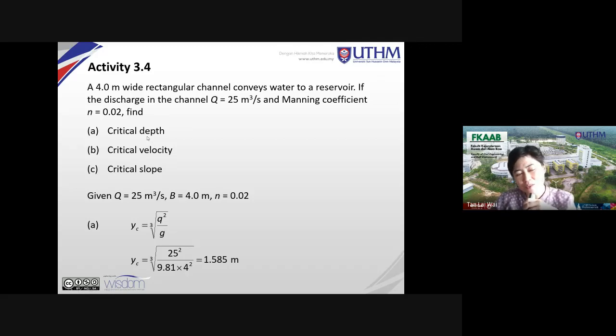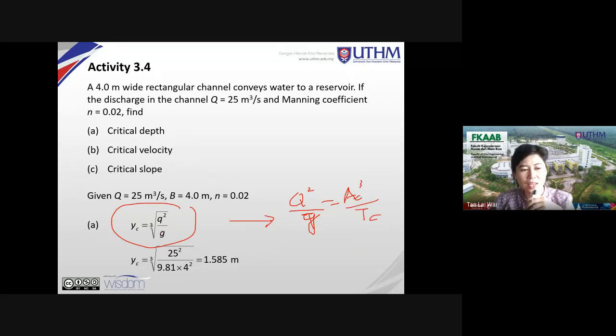So when the question asks me to find critical depth, I could use either the formula of Q squared over G equals to A cubic power over TC, or I could choose to use this equation here. It doesn't matter which formula, you'll get the same answer.